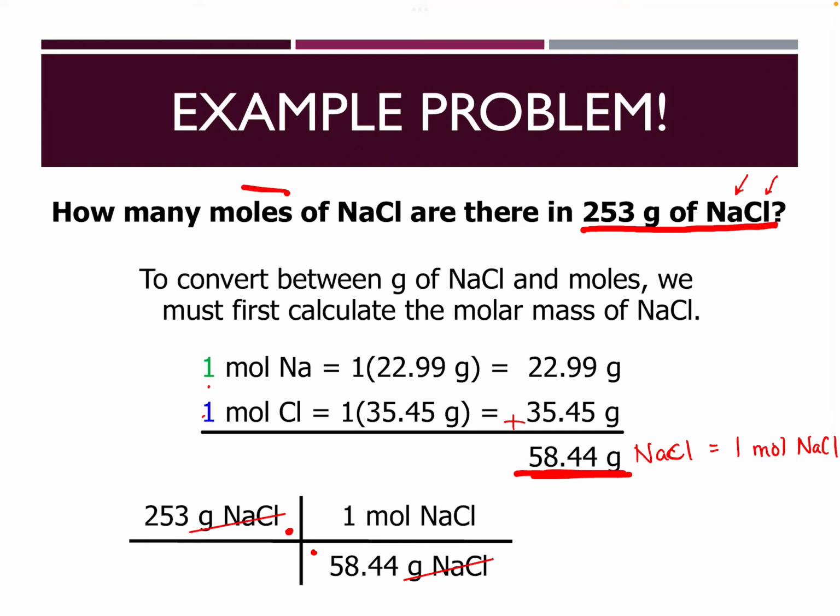In this particular case, I was looking for moles of sodium chloride, and I found moles of sodium chloride. So I stop. In this case, we don't need to convert to atoms or molecules because the problem just asked us to go to moles. So make sure you're looking out for that and you're not doing too many steps if you don't need to. All right, so now we have this all set up. We'll multiply the top, divide the bottom, and we'll get our answer.